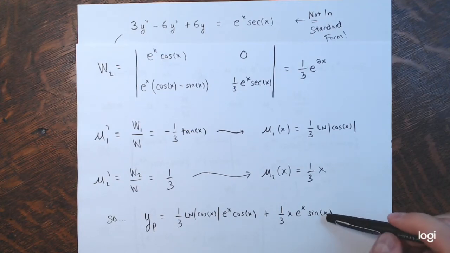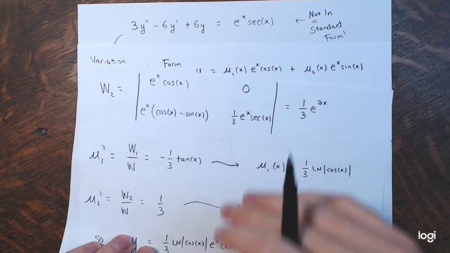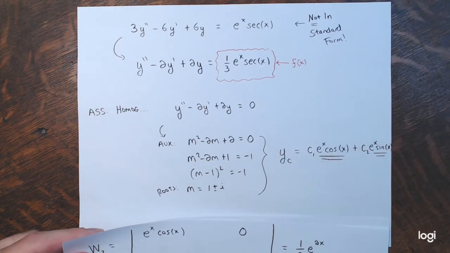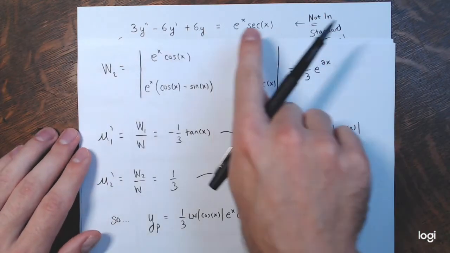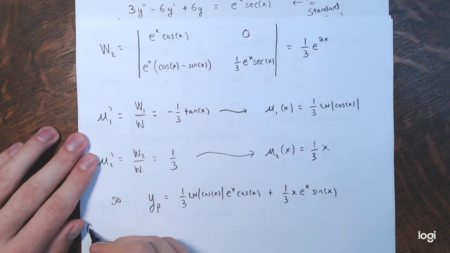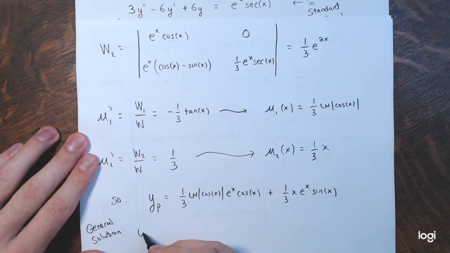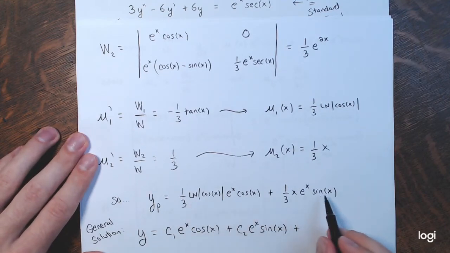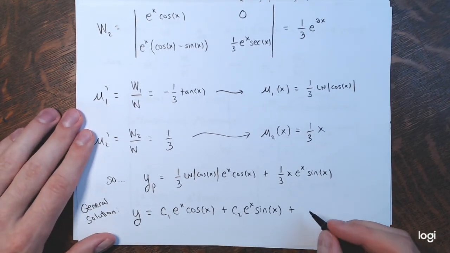And now that I have a particular solution and also the complementary function, right, the general solution of the associated homogeneous, we can now state the general solution of my original differential equation. Right? So the general solution looks like the following. y equals that complementary function, which is c1 times e to the x cosine x plus some constant c2 times e to the x sine of x plus our particular solution.